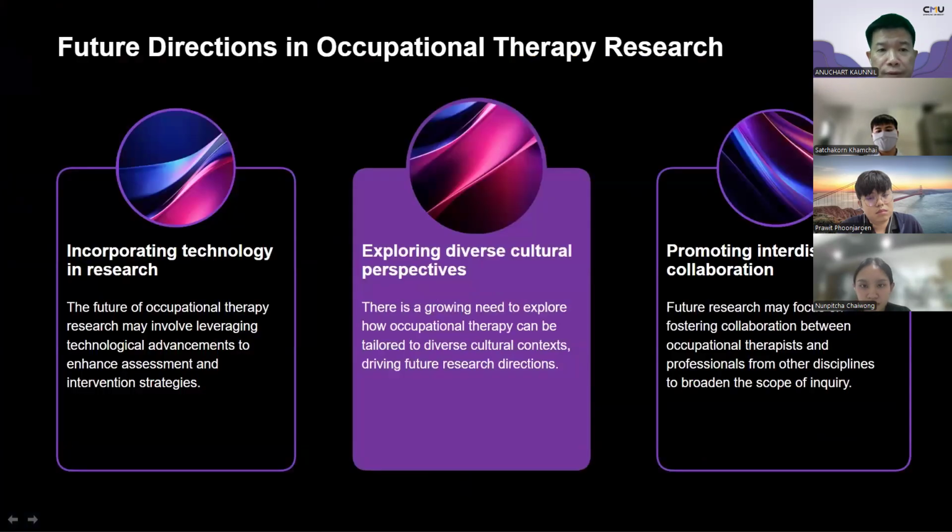Okay, the next future direction in OT research. We come to the new era. We need to accept the advent of AI and the advent of robotics technology. We understand neural links, and a lot of new theory comes. We need to cooperate with technology in research.